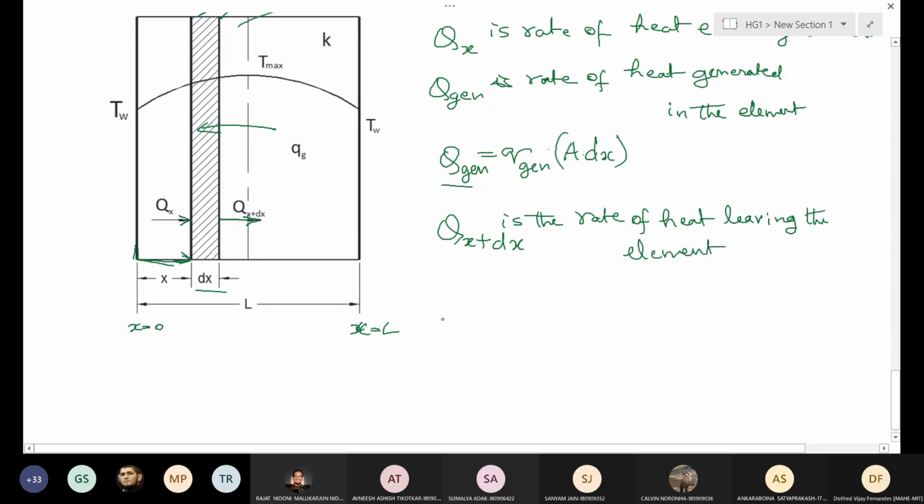We already know that using the Taylor series, we can approximate Qx plus dx by truncating the Taylor series. Can you tell me what this is, how we can write it for small delta x?